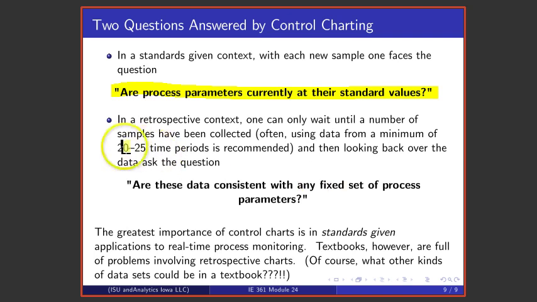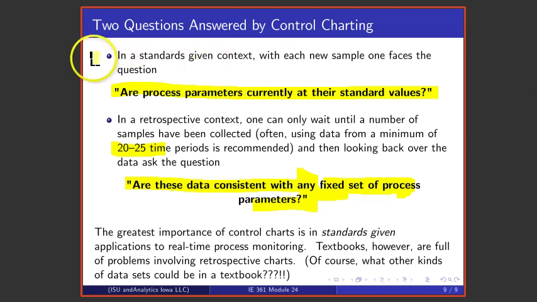One waits until one has, say, 20 or 25 time periods, and then looks back over the data from those time periods and asks the question, are these data consistent with any fixed set of process parameters? Not standard values for process parameters, but is there any set of process parameters at all that could have generated the statistics that we're observing?